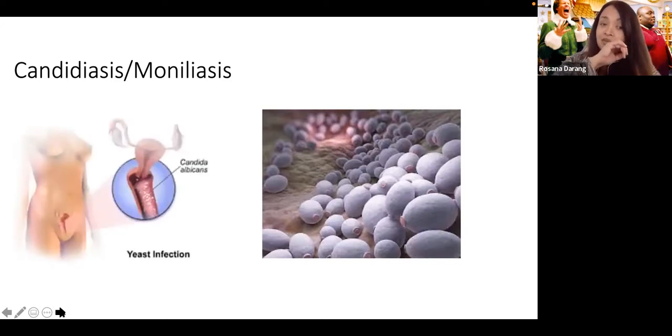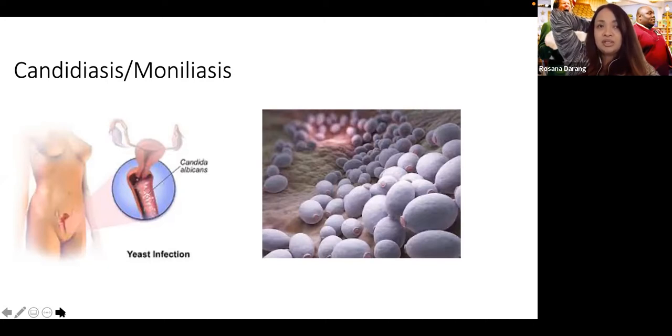So the most common cause of yeast infection is not necessarily a UTI. This fungus is one of the normal flora of the vagina. So there should be a normal balance between bacteria and fungus in the vagina, just like in other parts of the body where we have normal flora. But sometimes this balance is disturbed.